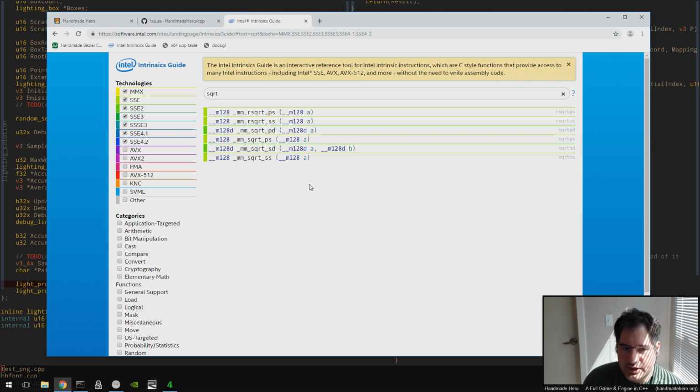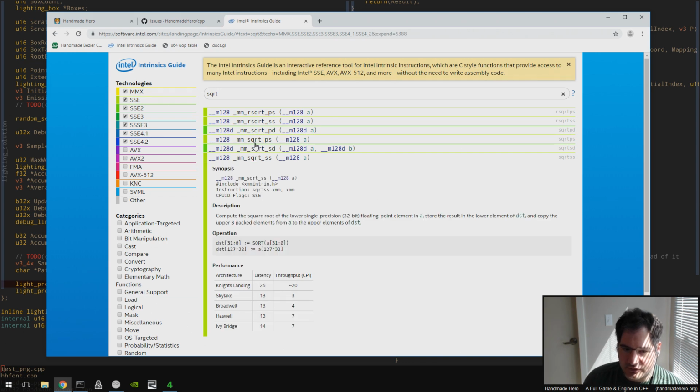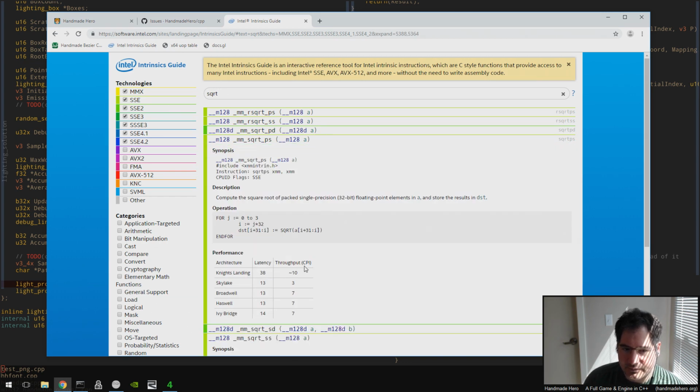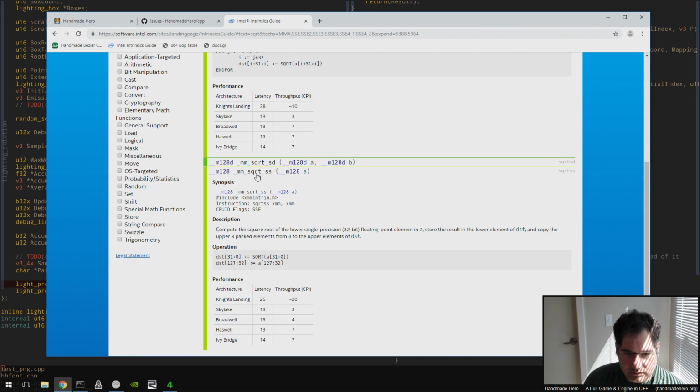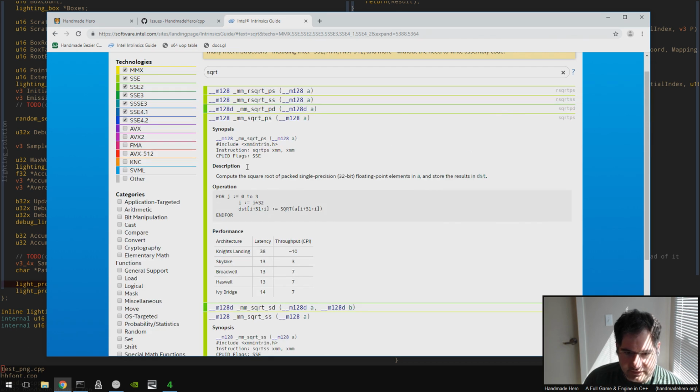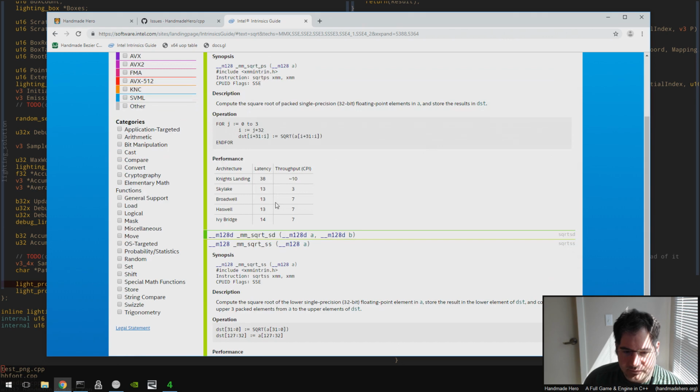So if you take a look at these functions, there's two ways you can compute a square root, and they're not the same. So let's talk about just actually computing the square root first. So the packed single precision square root, see that SS versus the PS there?